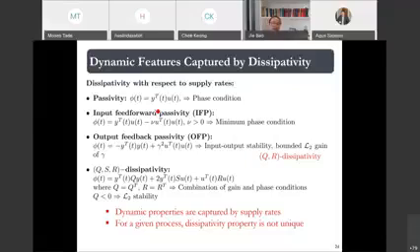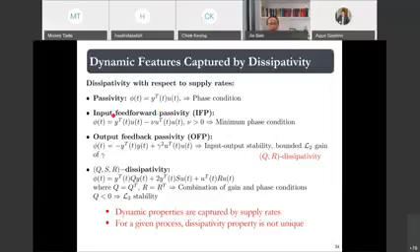So if the process is linear and passive, then the phase shift of the process will be somewhere between -90 degrees and +90 degrees. If it's nonlinear, then this passivity condition means that the process dynamics is minimum phase, or its zero dynamics is stable.